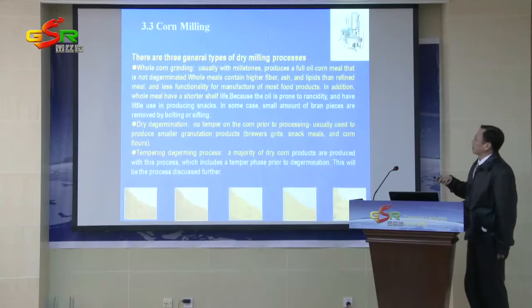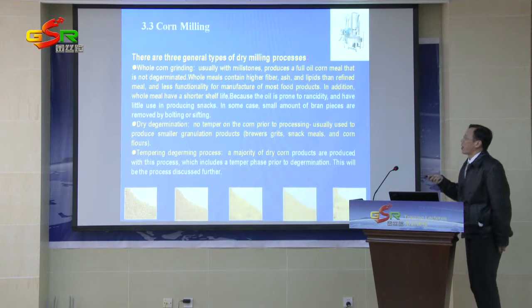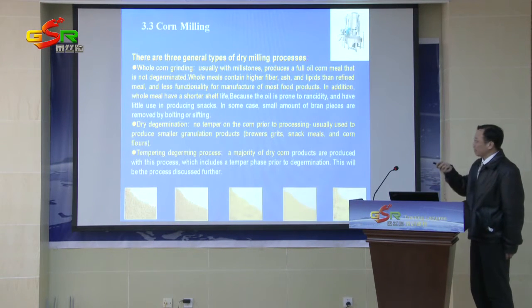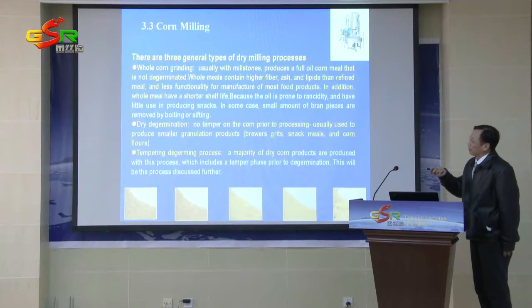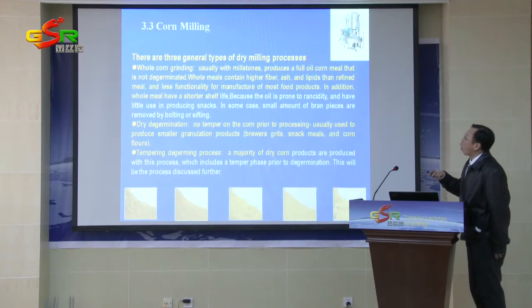And this section is about the corn milling. Typically, there are three types of the dry milling process. The first is the whole corn grinding. In this process, we use the millstones to produce a whole corn meal.